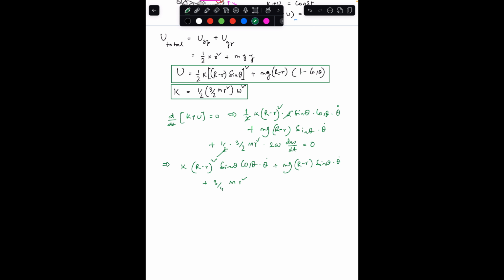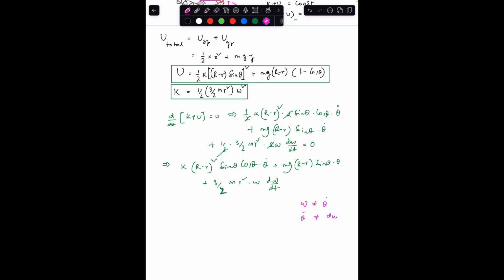Eventually these two will be cancelled, so let us keep 3 by 2 m r square omega d omega/dt. Now the same thing, we already had this understanding. What is that? That omega is not equal to theta dot and theta double dot is also not equal to alpha. Alpha means here I am referring to d omega/dt.